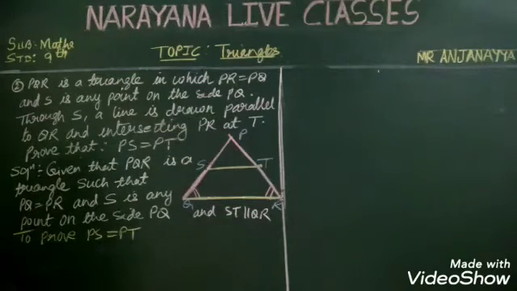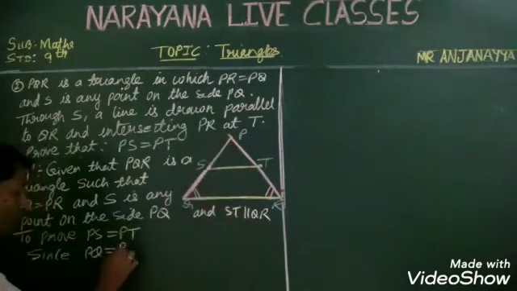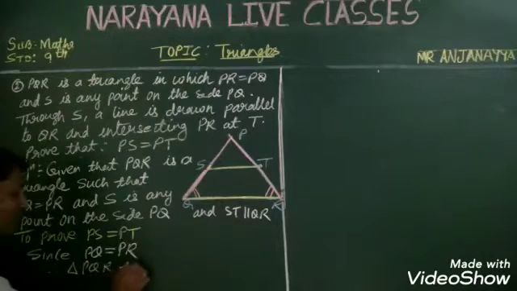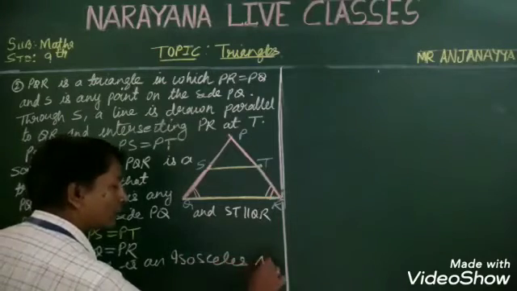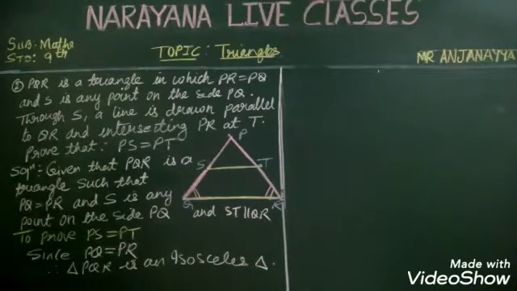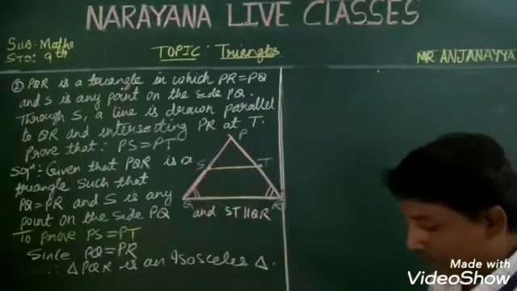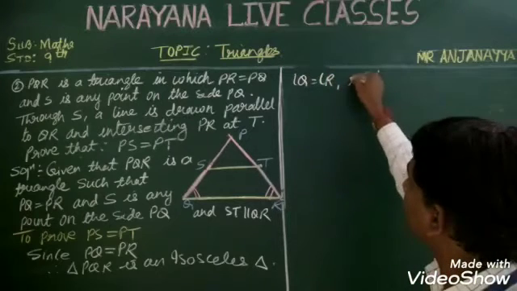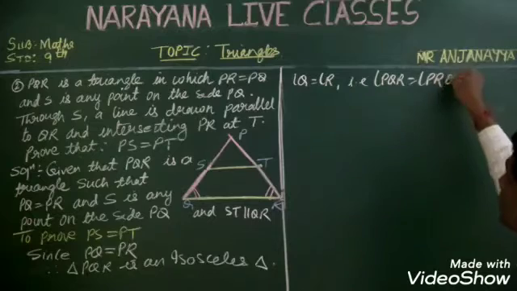Since we know that PQ is equal to PR, I can say therefore PQR is an isosceles triangle, because two sides are equal. If it is an isosceles triangle, angles opposite to the equal sides are equal. So I can say angle Q is equal to angle R, that is angle PQR is equal to angle PRQ.